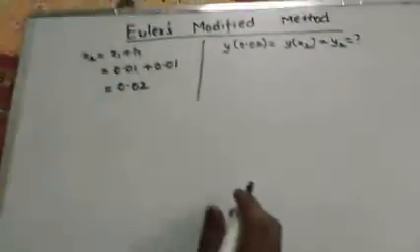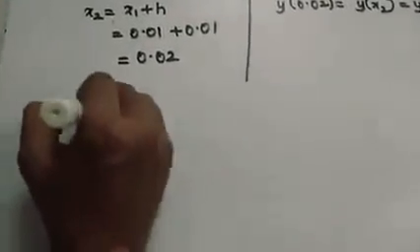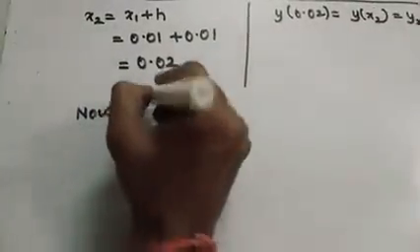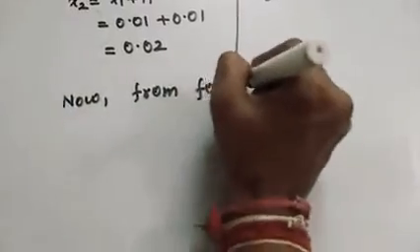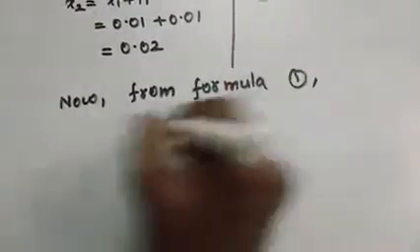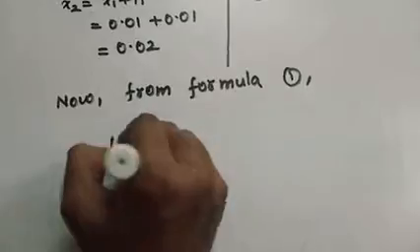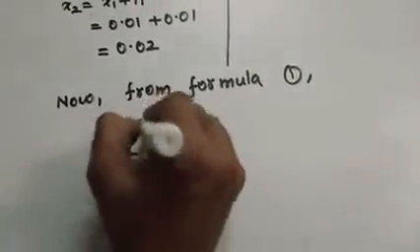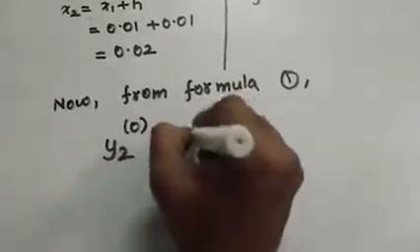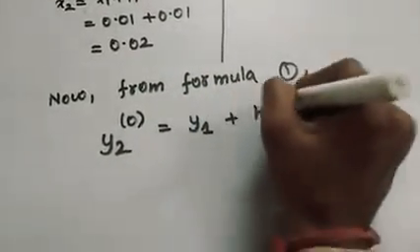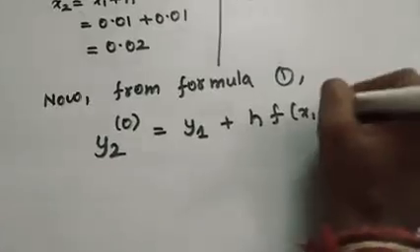First of all, from formula number 1 we will find the initial value. From formula 1, y2 of 0 equals yn minus 1, here n is 2, so n minus 1 is 1, plus h f of x1 comma y1.